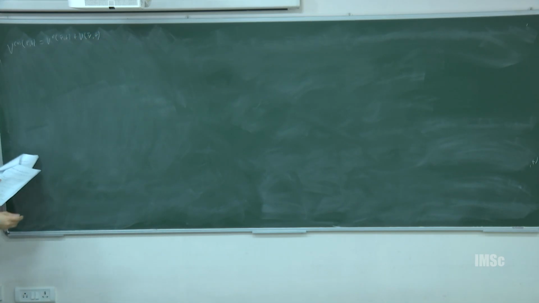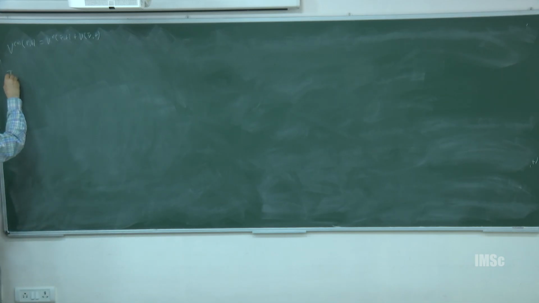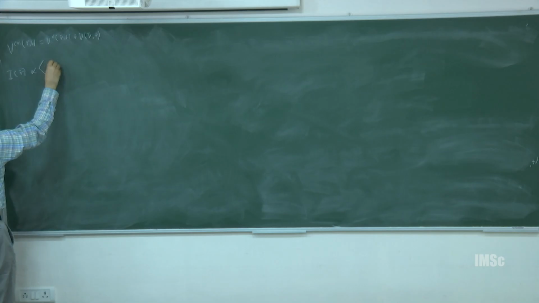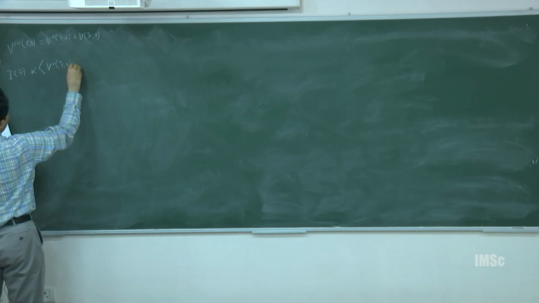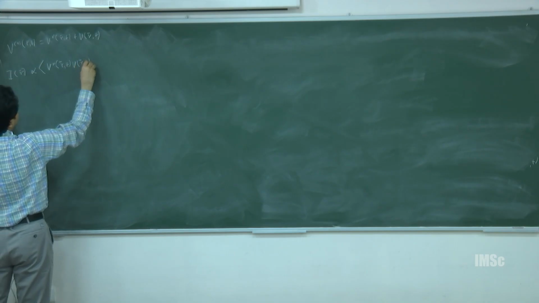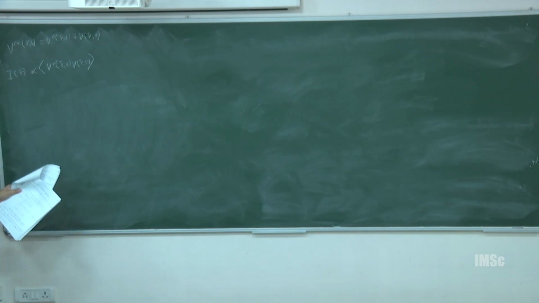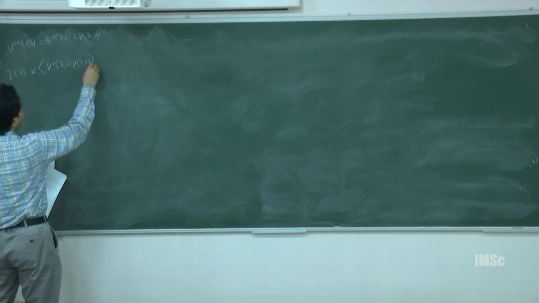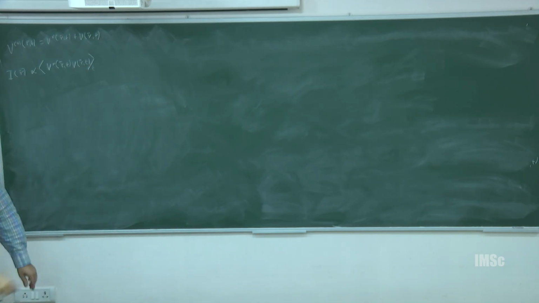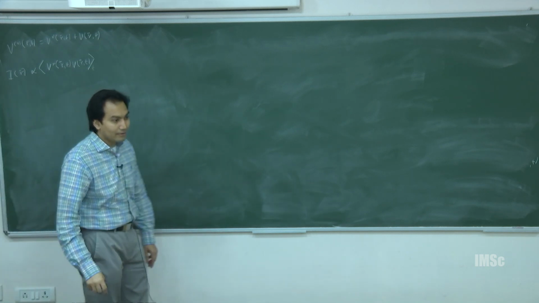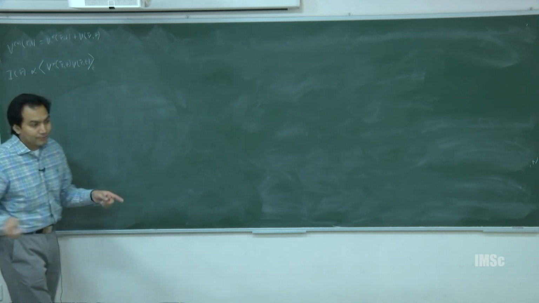Now, in coherence theory, I of r is proportional to this. Formally speaking, this is basically the time average. However, whenever we write down all these averages, statistical quantities, they are ensemble averages.